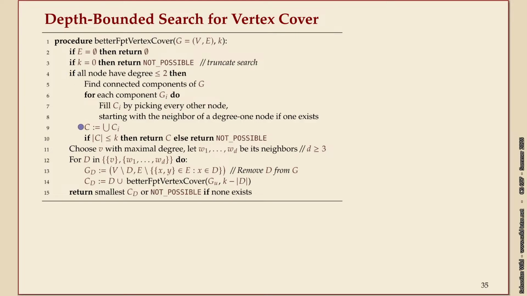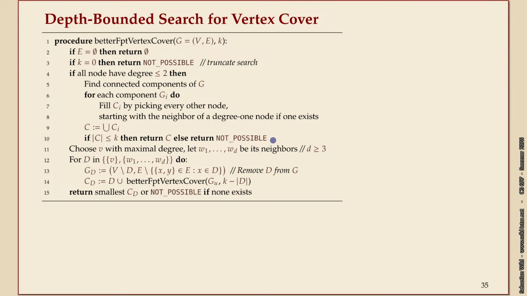Otherwise, we have to maybe work some harder. So we check if we're in this easy case. And if so, we know how to solve it. So here I just spelled out in English sentences how to do it. And it's kind of an undergraduate level algorithms exercise to implement that with depth-first search in linear time.